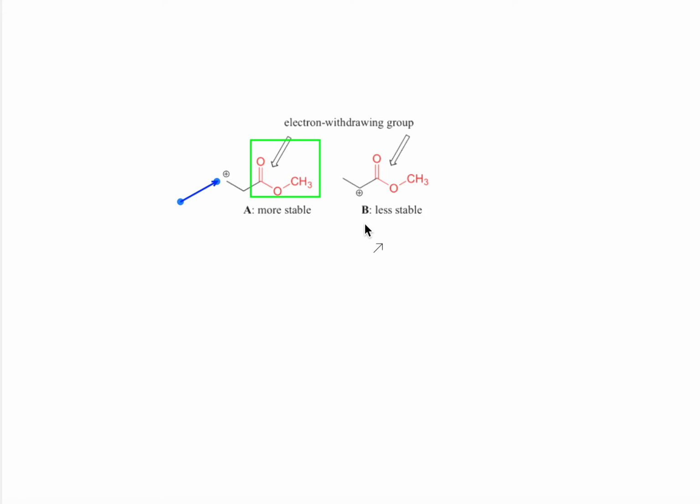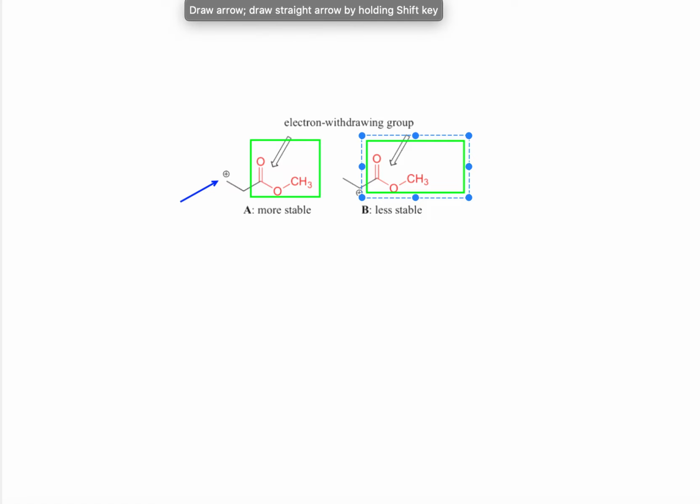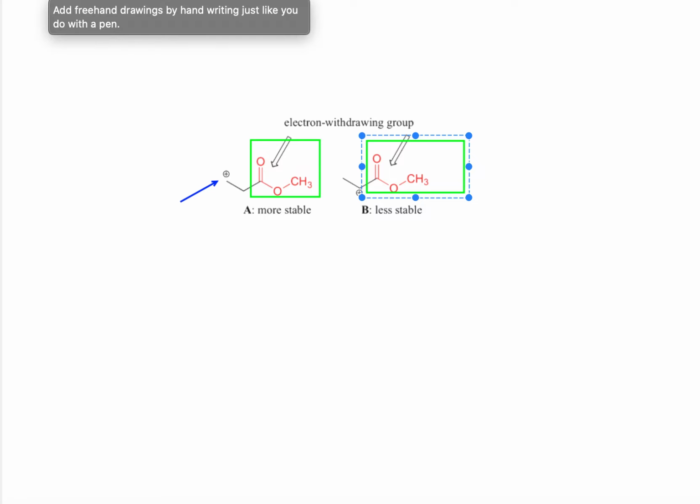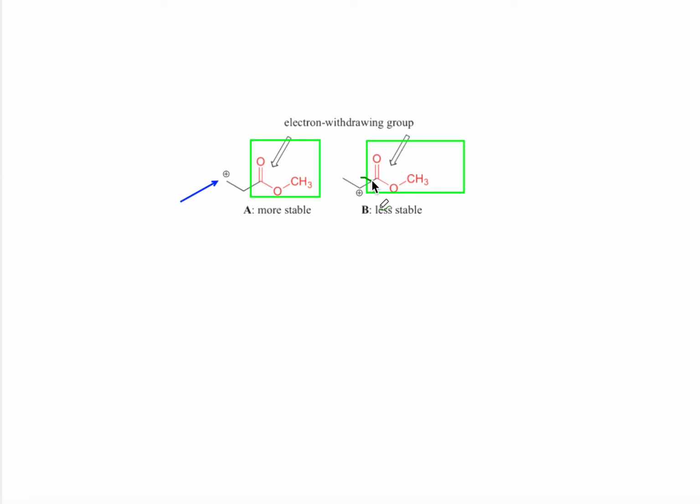But in the second case, we have a secondary carbocation, but it is attached with a carbonyl group, which is electron withdrawing in nature. Therefore, the electron density of this secondary carbocation is decreasing.